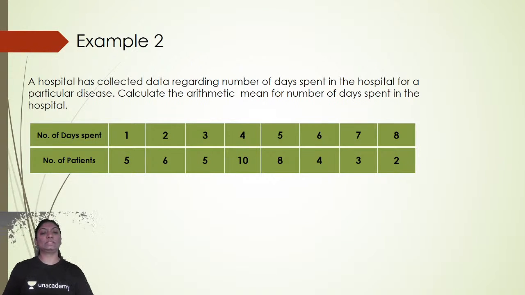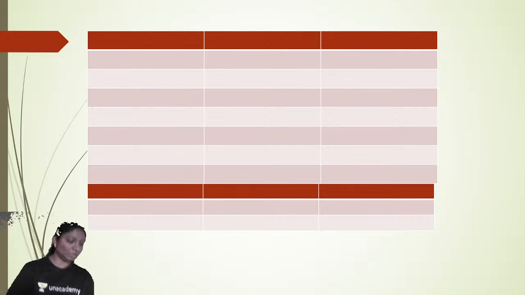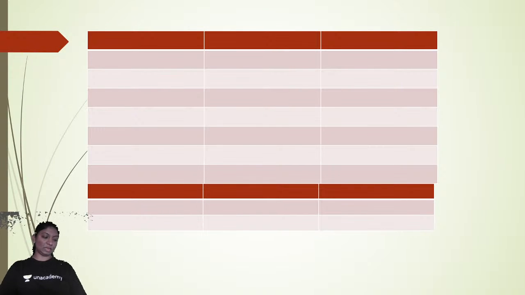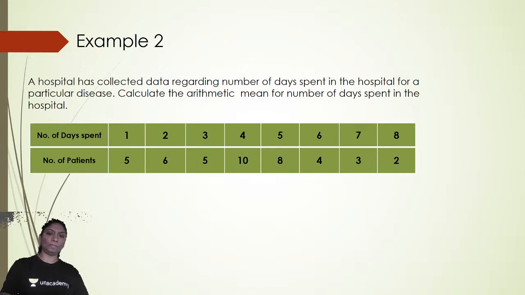Now see the next example. A hospital has collected data regarding the number of days spent in the hospital for a particular disease. Calculate the arithmetic mean for the number of days spent in the hospital. Here the variable x is the number of days spent in the hospital and the frequency f is the number of patients.